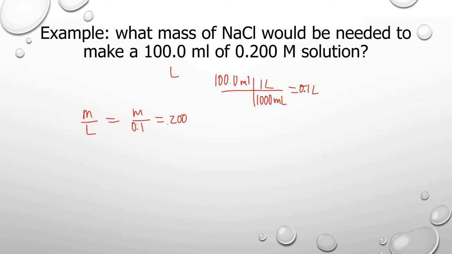on both sides to get rid of it and get the M by itself. And I think that's 20. Don't call it M though. Make sure you're calling it moles. Because M is meters, right?